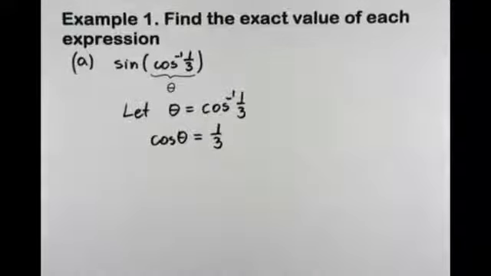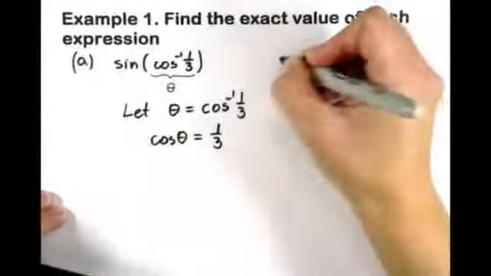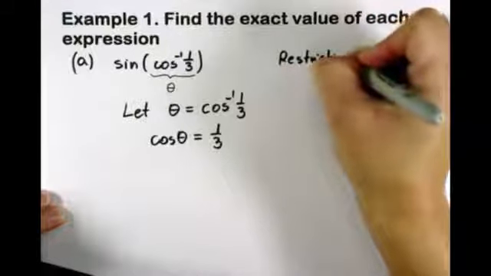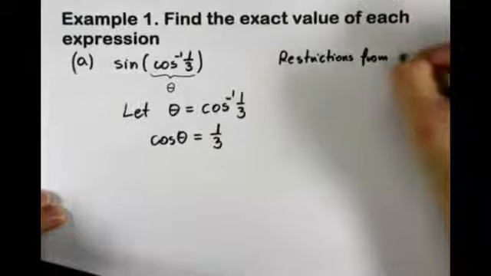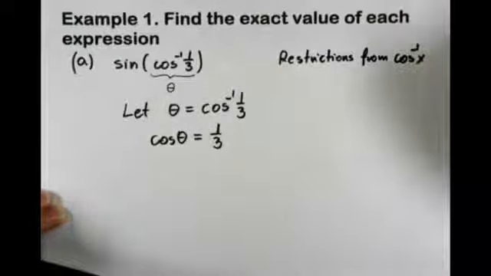Now we do need to identify the quadrant of the theta, the quadrant in which we are. So how do we do it? First, we get the restriction from cos inverse. So cos inverse was restricted from 0 up to pi.